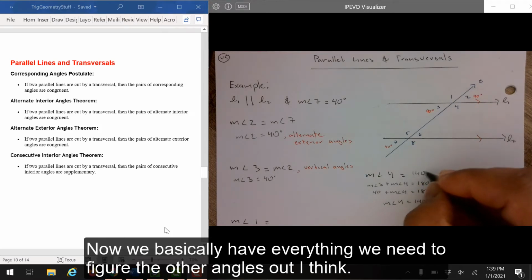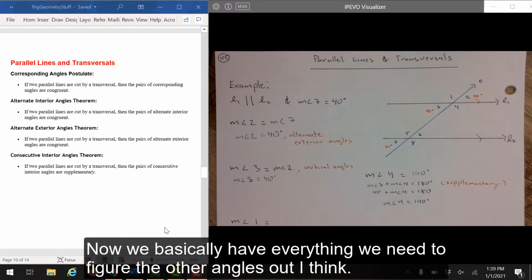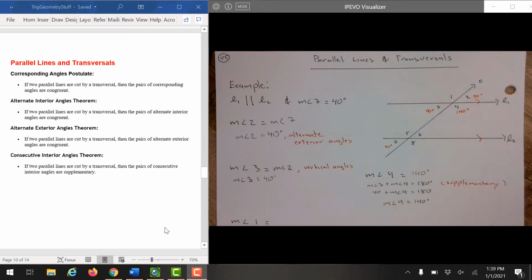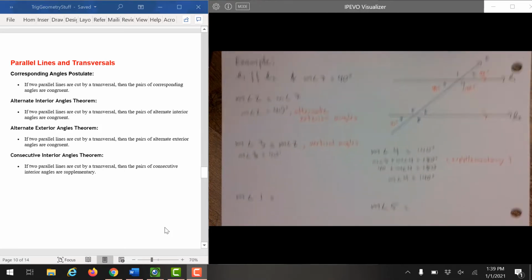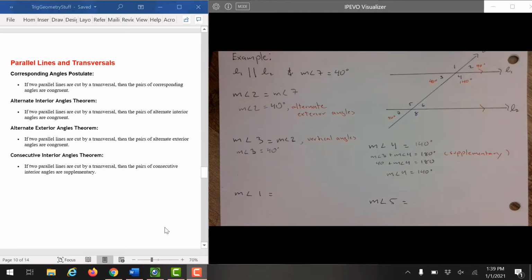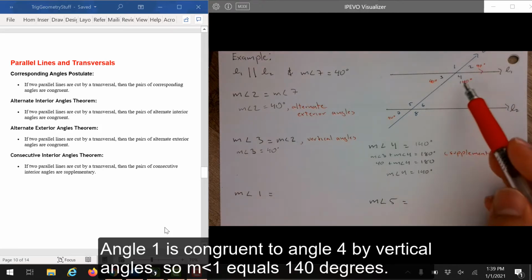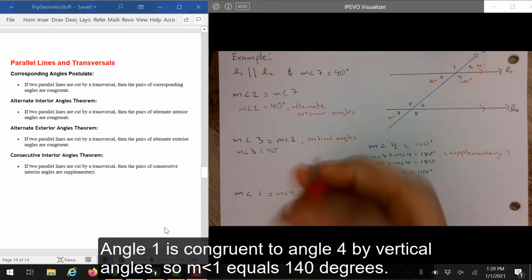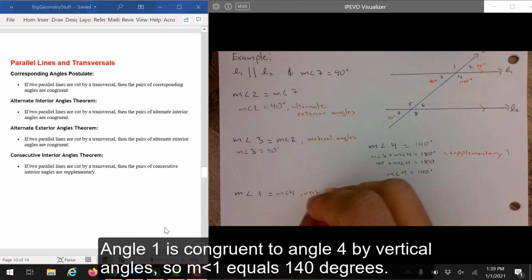Now we basically have everything we need to figure the other angles out. Angle 1 is congruent to angle 4 by vertical angles, so the measure of 1 equals 140 degrees.